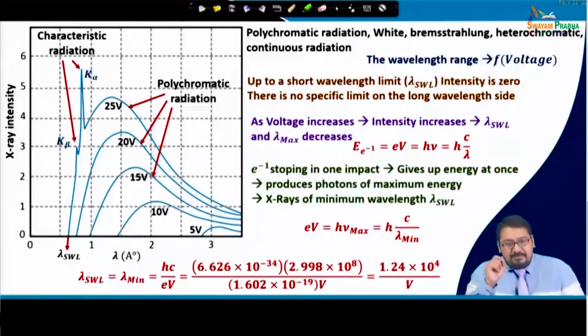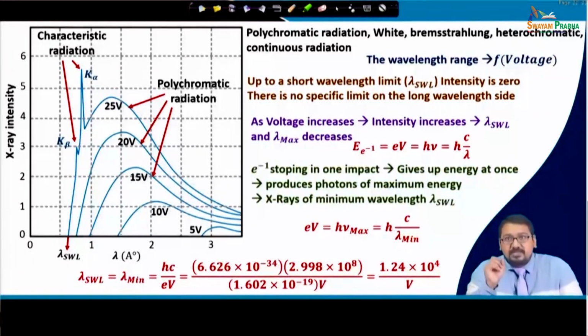You see that this specific lambda does not change even if the voltage is further increased to 30 kilovolts, 35 kilovolts or even 100 kilovolts. Only the intensities of the K alpha and K beta radiation will increase many times as compared to the intensity increase of this continuous radiation.